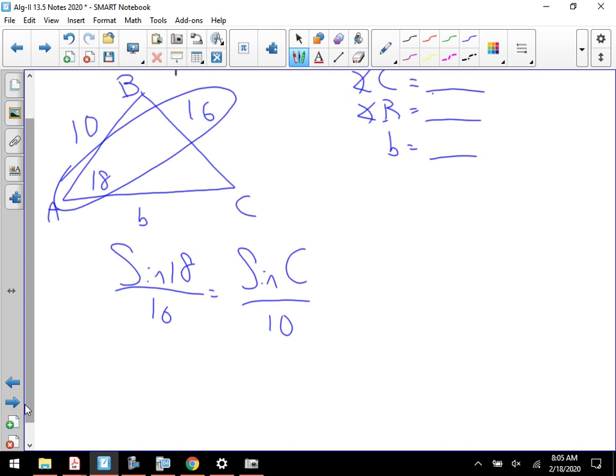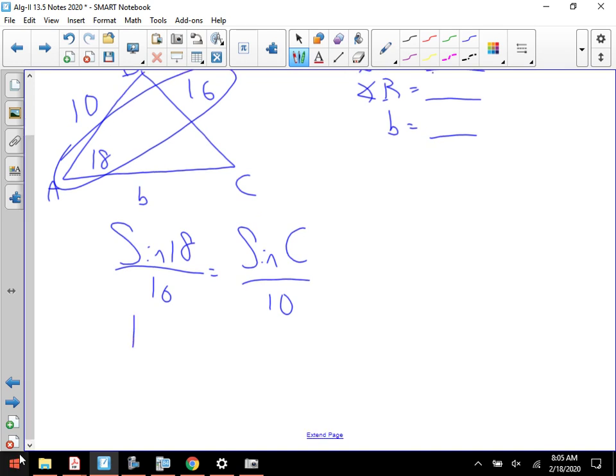So obviously, before I get to work with anything with B, I have to first find angle C. Now, do you guys remember what you would do first here? Well, can't do the inverse until you get everything to one side.